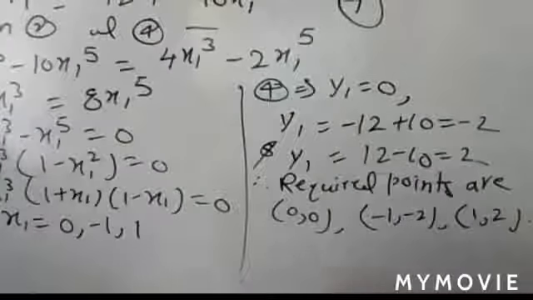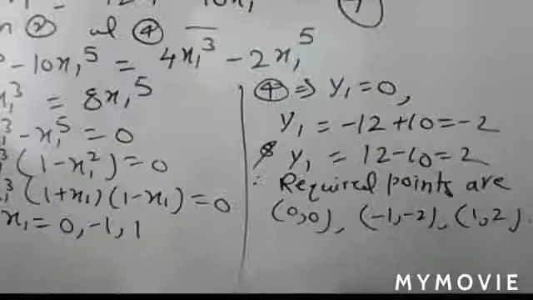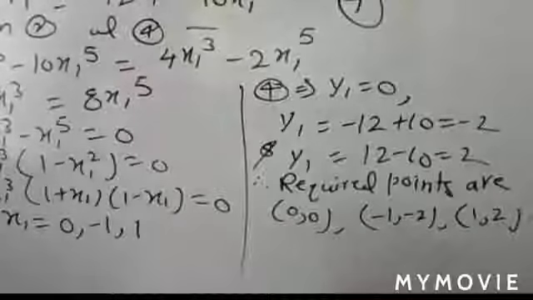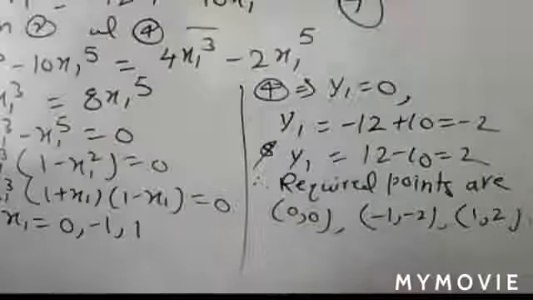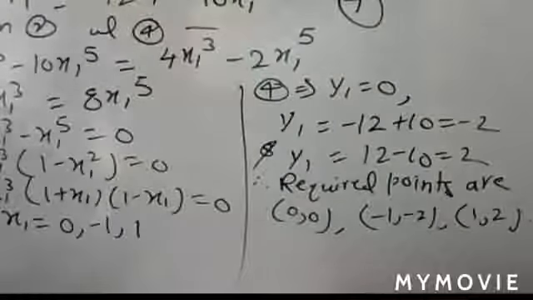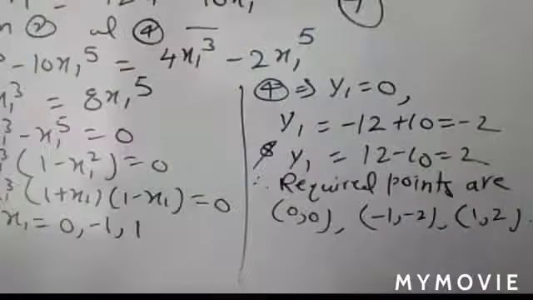From tomorrow, we will discuss the same type of questions which are asked in your board exam. Then only one topic is left, which is the angle of intersection of two curves. After completing that, we will study increasing and decreasing functions, or monotonic functions.